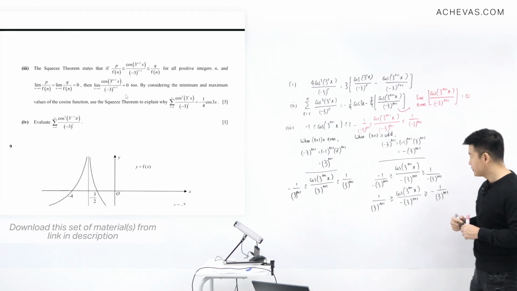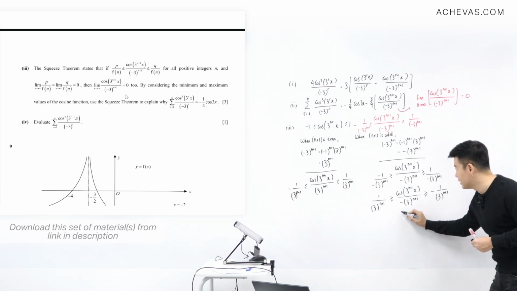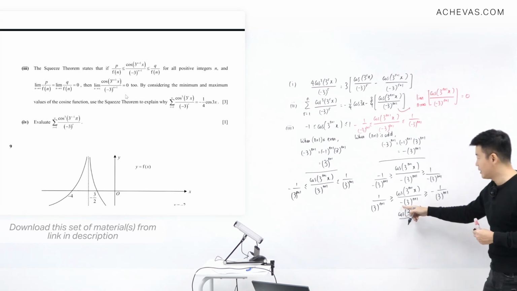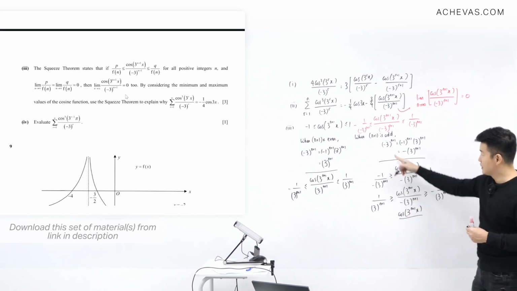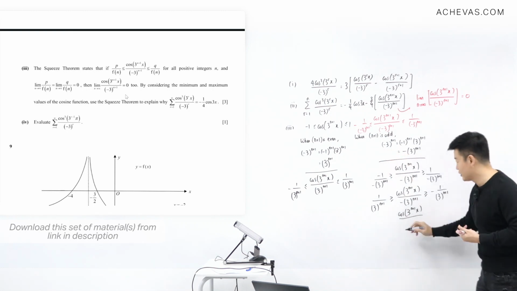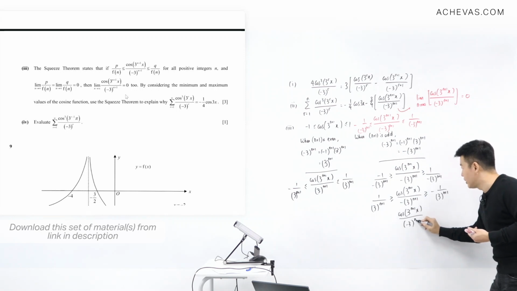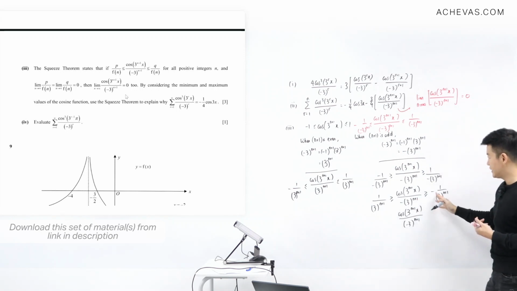So we will have this as cosine of 3 to the power of n plus 1 x divided by this negative, which is equal to this. So I'm going to just make this into this form: negative 3 to the power of n plus 1. As for this, I'm going to let it remain. It's going to be bigger than this number.